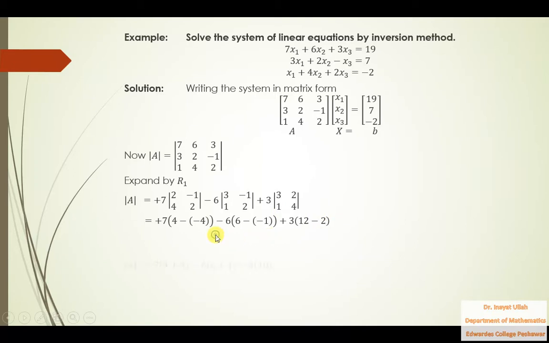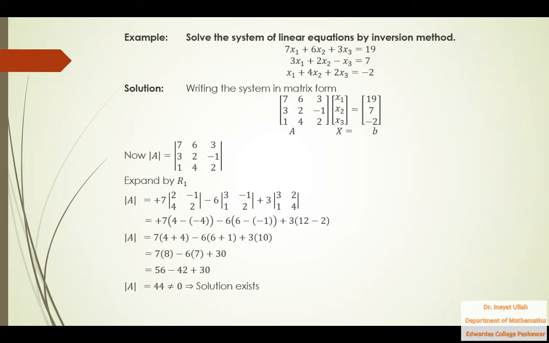Now simplifying this expression, we will get determinant of A as 44. This determinant of A, which is 44, is not equal to 0. Determinant of A is not 0, so the solution exists. We can find the solution of this system.